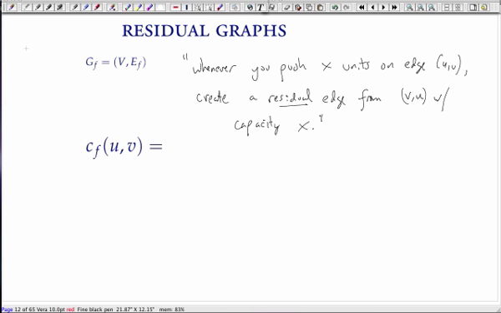And so you're going to allow yourself to undo, even partially undo, some of the flow that you've pushed in the process of looking for another path from S to T.